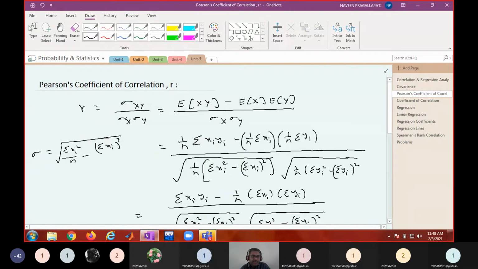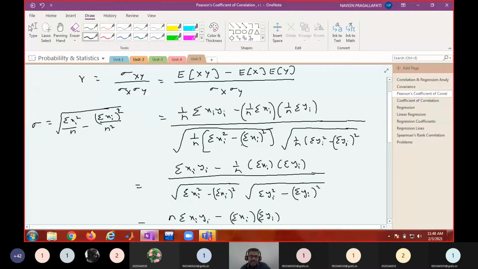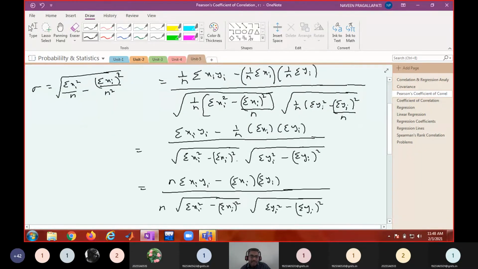It should be like this. So when I took 1 by n common, then it has to be divided with n here. That is a mistake I did, right?